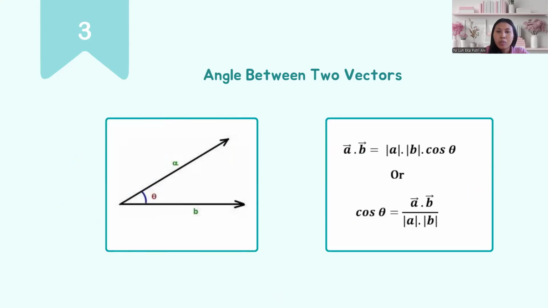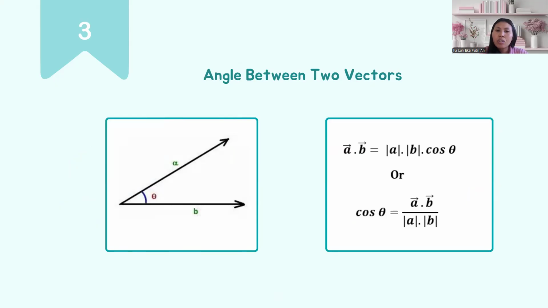Okay, angle between two vectors. If two vectors in a 2D plane intersect each other, then the angle between them can easily be calculated using the dot product formula.